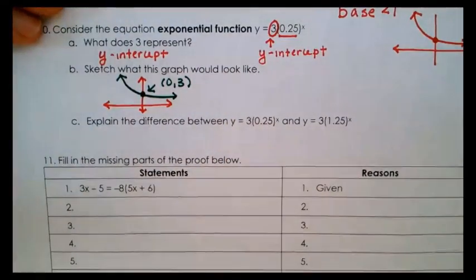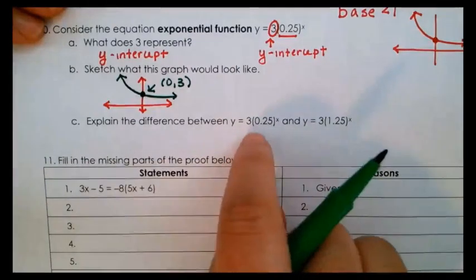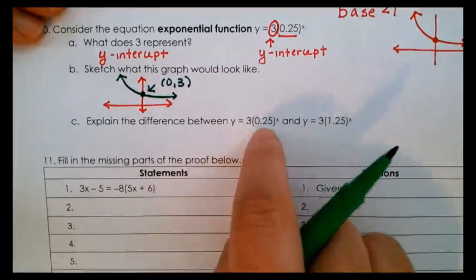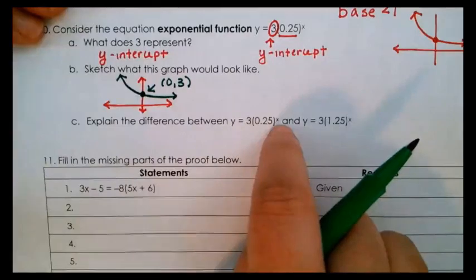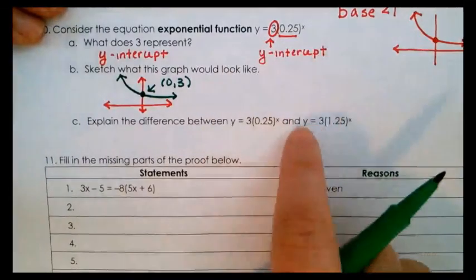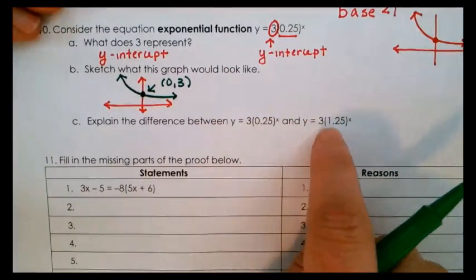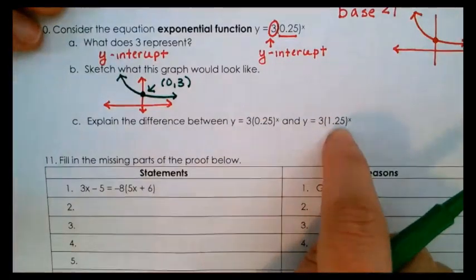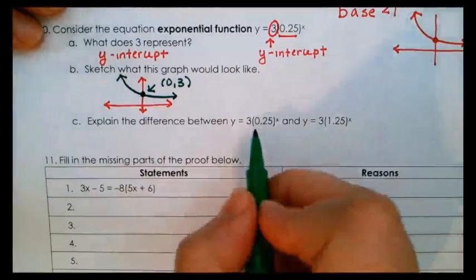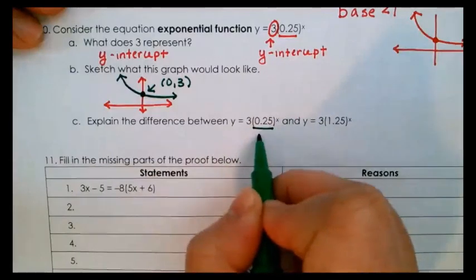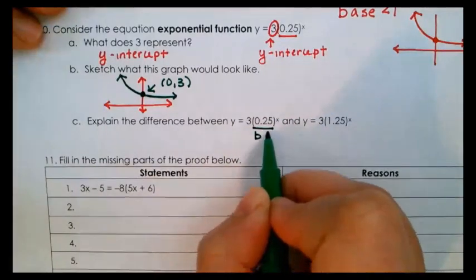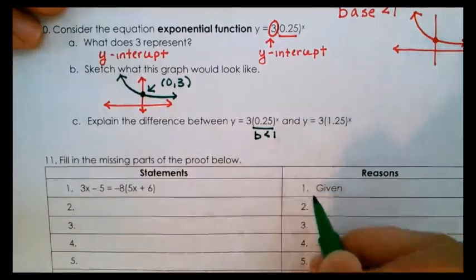Now, part C says, explain the difference between y equals 3 times 0.25 to the x power, which is what we've been working with, and y equals 3 times 1.25 to the x power. Well, in the first one, you have a b value, a base, that's less than 1.